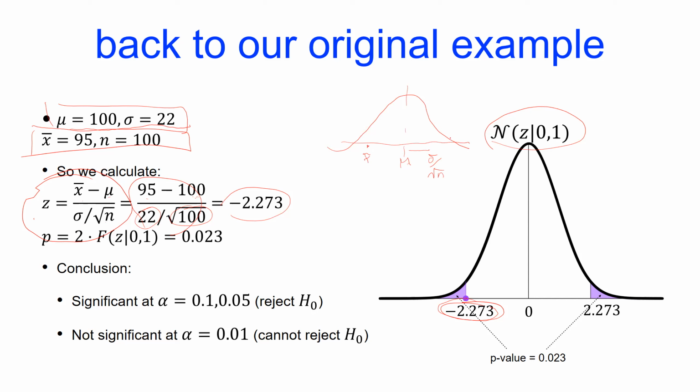Now I try to find the corresponding point of this X bar in my standard normal distribution, which corresponds to this z-score. And the area to the left of this X bar is equivalent to this purple region.